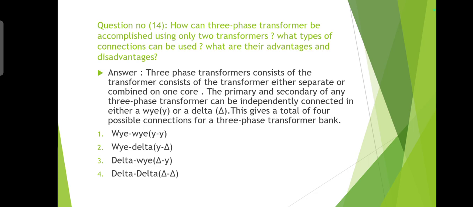A three-phase transformer consists of three transformers, either separate or combined on one core. The primary and secondary of any three-phase transformer can be independently connected to either Y or delta. This gives a total of four possible connections for the three-phase transformer bank. Why delta, why delta.